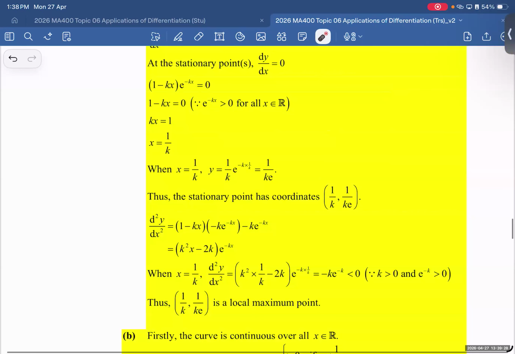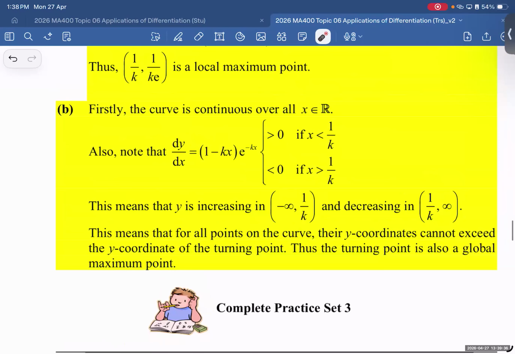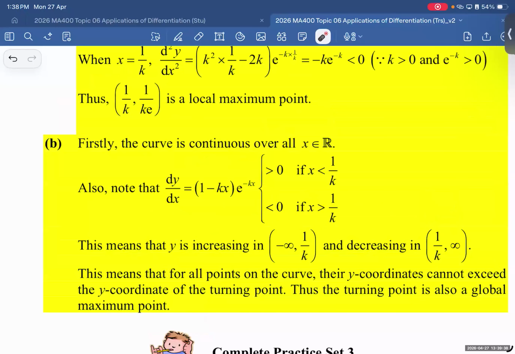So that's okay. You see, I is increasing from negative infinity to negative 1 over k and decreasing from 1 over k to infinity. If I'm able to show that, I'll also show you a picture. The picture is like this. My graph is going all the way up from negative infinity to 1 over k, and it's going all the way down from 1 over k to infinity.